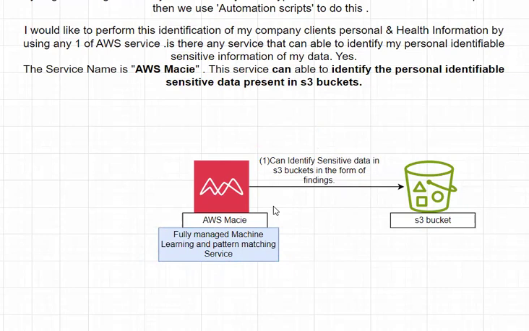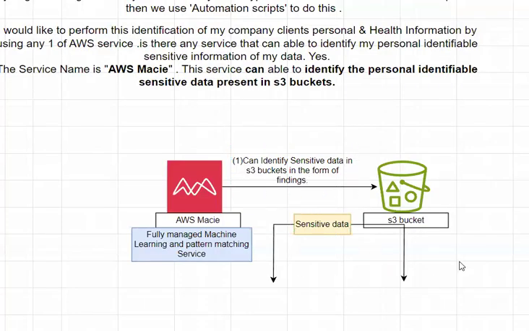Okay. What kind of sensitive data? You are specifying it can identify sensitive data, right? Yes. Now let's have a question. What kind of sensitive data can Macie identify in an S3 bucket? Macie can identify two types of sensitive data.